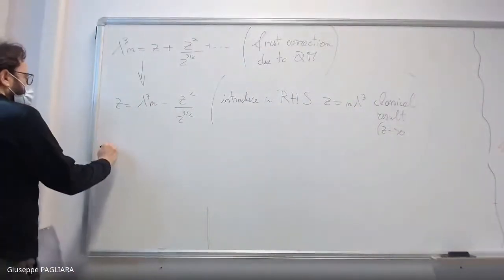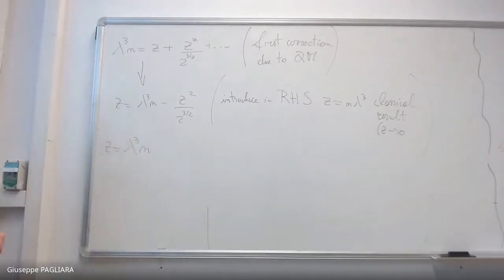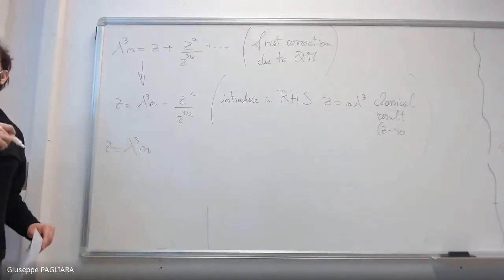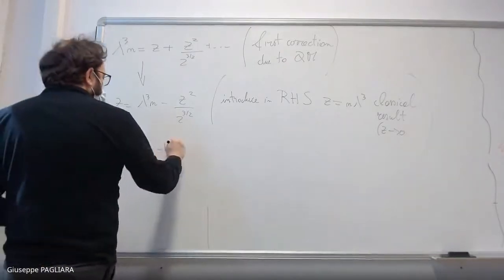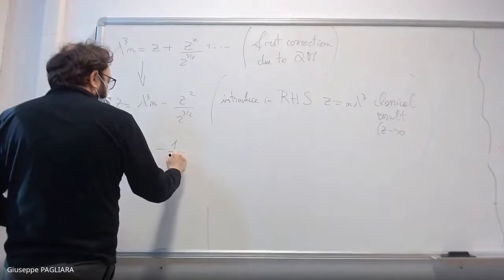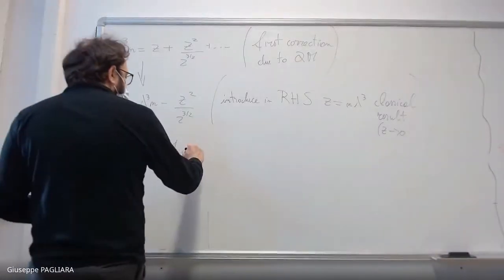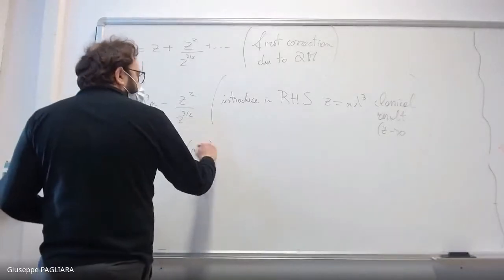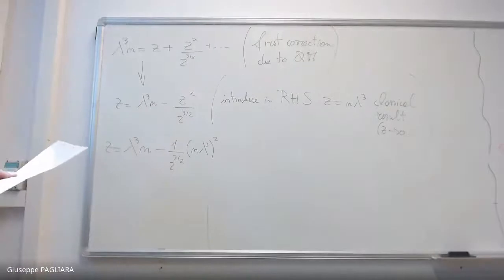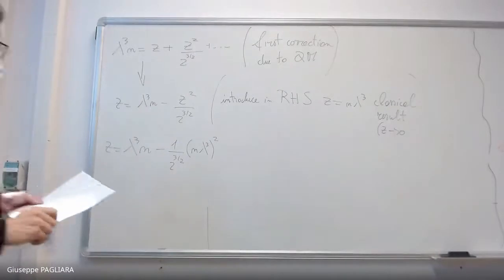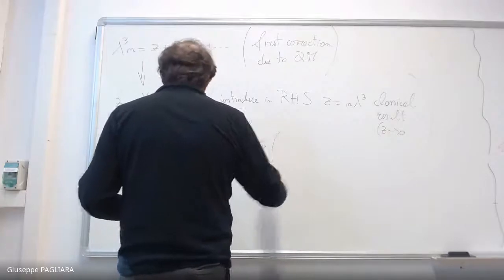And so I get the z. It's a sort of way to solve this equation by iteration, okay? And then I have 1 divided by 2 to the power of 3 half. And here I have z to the power of 3, which is n lambda cubed to the power of 2. Okay? So which is then n lambda cubed, which can be collected.